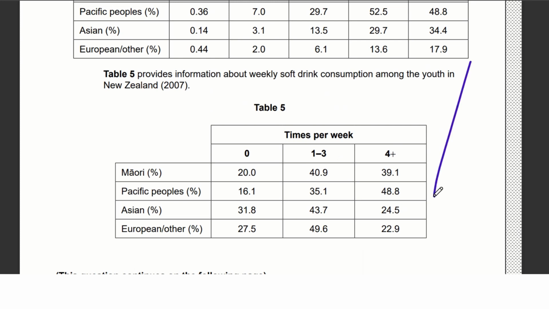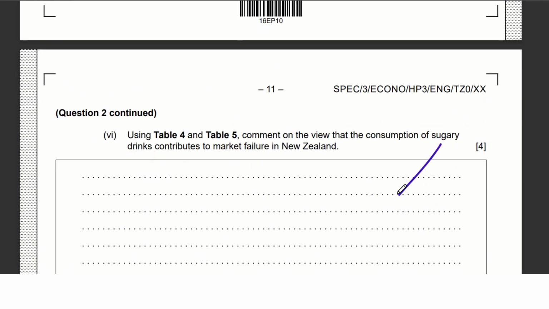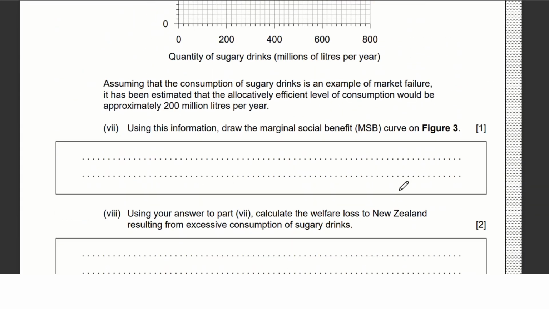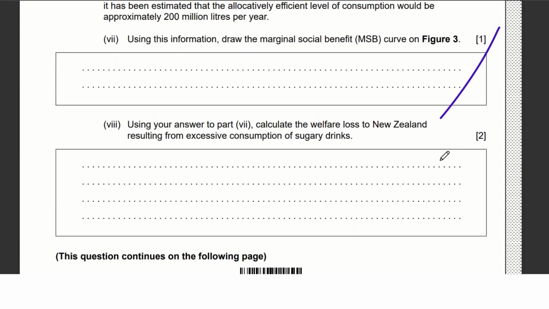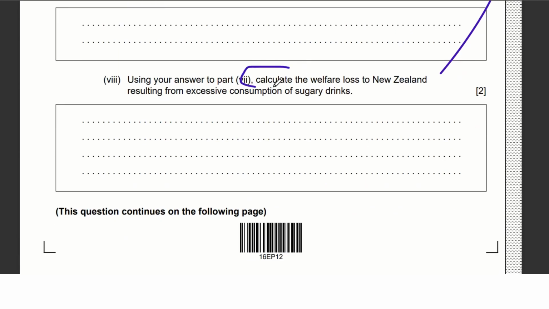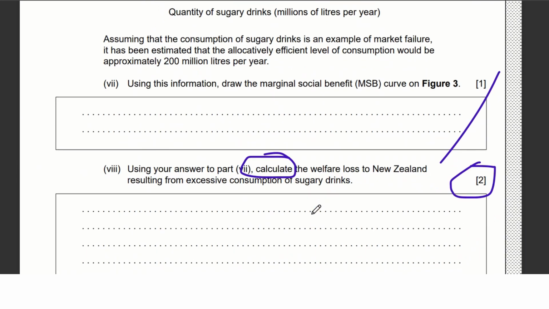and here they have given a table, and here it is again explanation or comment, and using the marginal revenue, marginal social benefit curve, and here calculate. Already 7 marks were asked from calculation part, and here it is another 2 marks, so totally 9 marks, and the rest of the questions are explanation part.